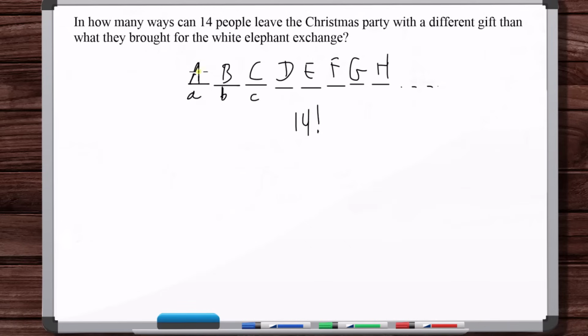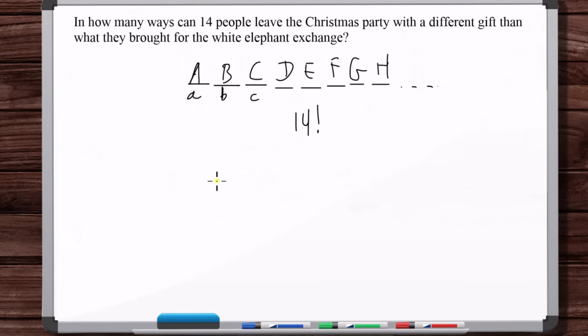It includes where every single person has their own gift, but it also includes where just person A has their own gift and no one else does, etc. We're trying to subtract out all scenarios where any person has their own gift. We want to subtract that out from 14 factorial.